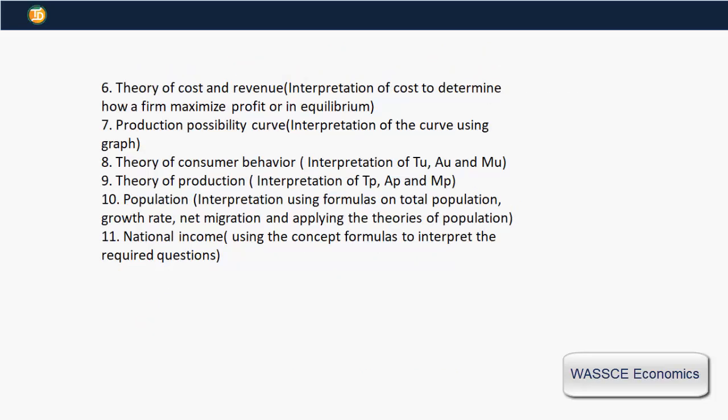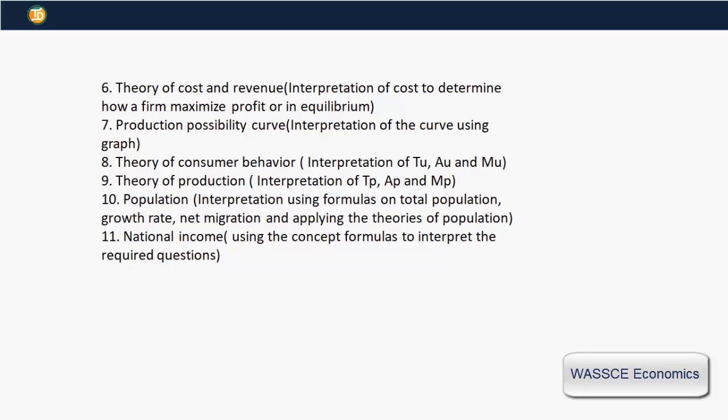6. Theory of cost and revenue, interpretation of cost to determine how a firm maximizes profit or is in equilibrium. 7. Production possibility curve, interpretation of the curve using graph. 8. Theory of consumer behavior, interpretation of total utility, average utility and marginal utility. 9.